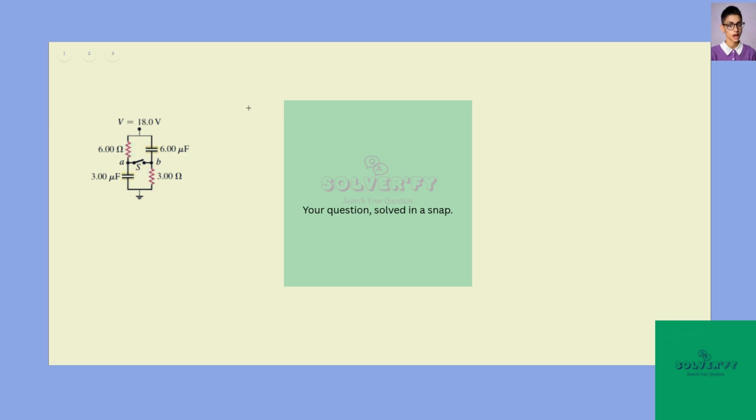So we use equation 26.11 from the text, which is the EMF over the resistance is equal to the total charge, QF, the maximum charge when the capacitor is fully charged, divided by the resistance times the capacitance, where QF is equal to the EMF times C, or the voltage times the capacitance.